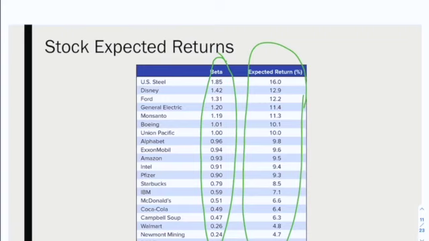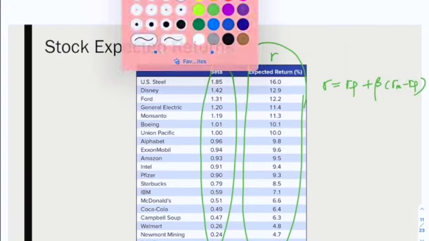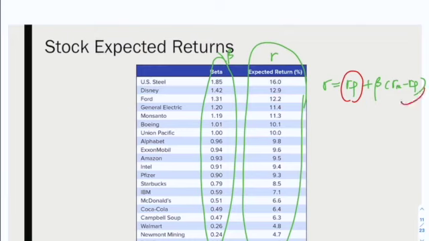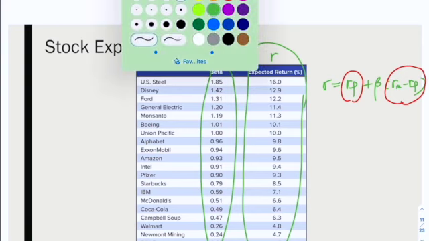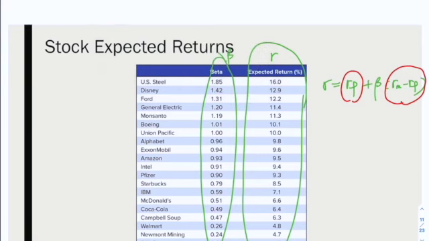We know that this expected return R is always equal to RF, risk-free asset return, plus beta times the market risk premium. Okay, as long as we know what is RF, what is market risk premium, which are all public information, we can calculate the return, which is a linear equation.